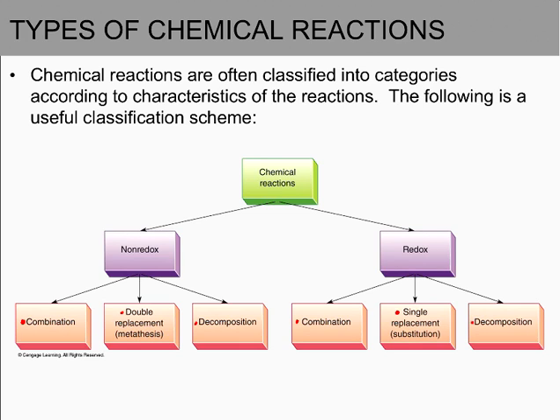So there are some types of reactions that fall under both categories. It just depends on if we do have a transfer of electrons or if we don't. But you'll notice that double replacement and single replacement reactions are only under one category.